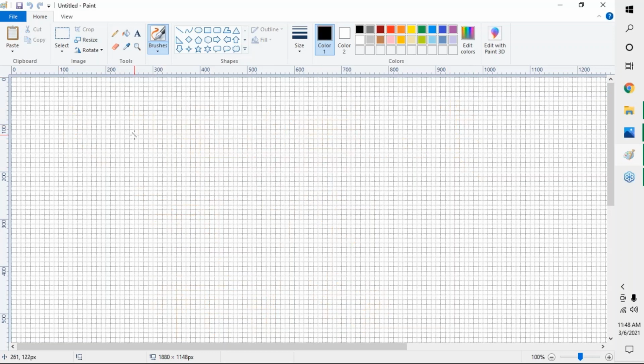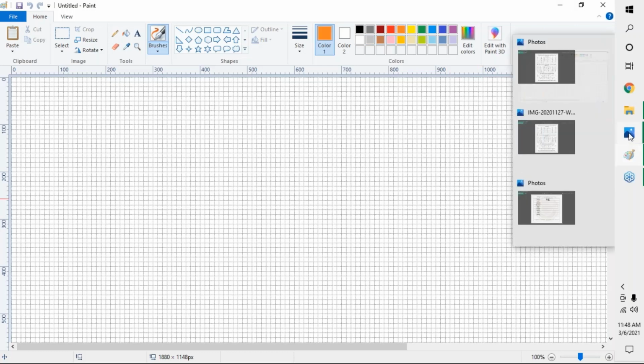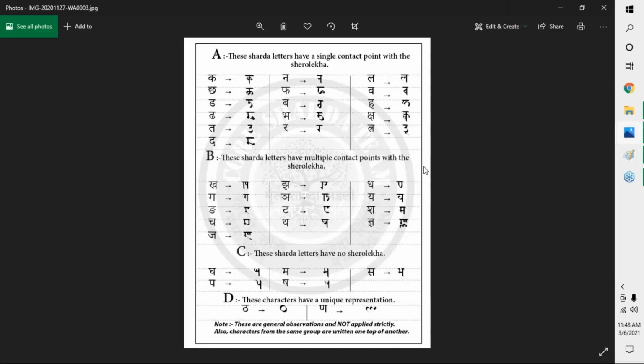Sir, what I would suggest is instead of taking further rules, if you could just revise the first category A rules once again and category B, and also touch upon K once more, that half K when written on the top, and for example in Chakkar that you had shown, if you could repeat those two rules.